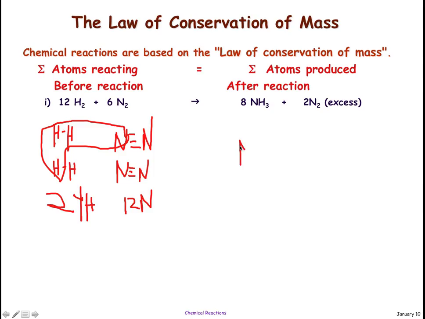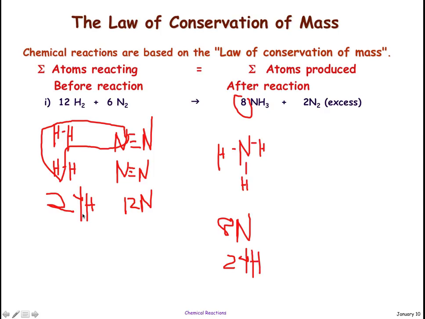That's what NH3 is. For every 1 nitrogen, you have 3 hydrogens hooking up. See, there's a chemical reaction that takes place right here. And we have 8 of these. And if you take a look at this right here, 8 ammonia means that there are 8 nitrogen atoms in the 8 ammonia, and there's 8 times 3, 24 hydrogen atoms in the 8 ammonia.